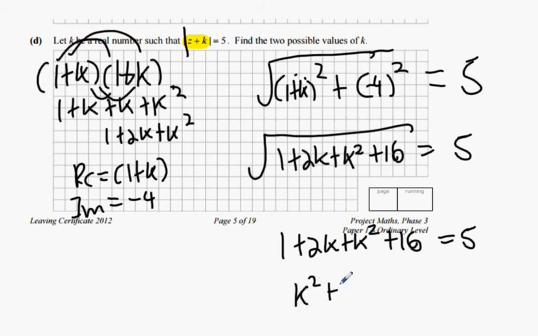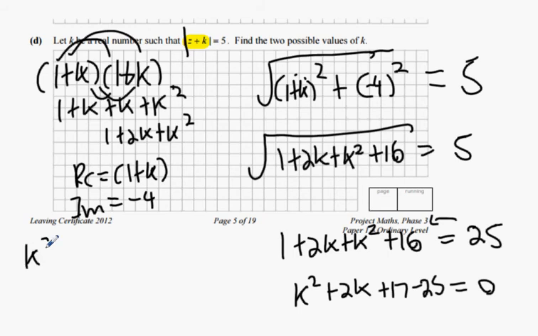Then you get K squared plus 2K, that's going to be 17 take away the 5. What's 17 take away 5? Oh, it is. Sorry about that. 17 minus 25. Okay, and then what's 17 minus 25? Minus 8. Okay.